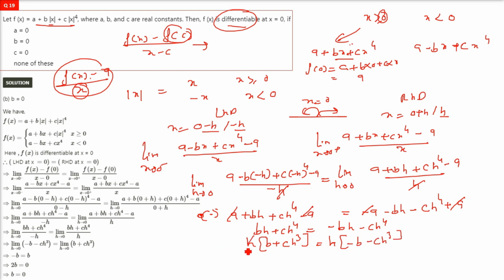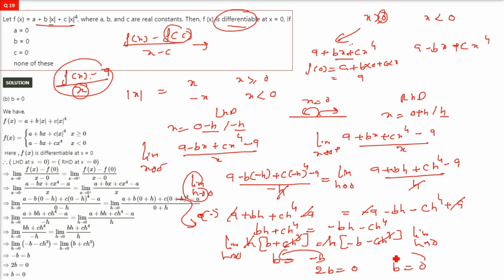This h gets cancelled. Now apply the limit. As I am saying, limit h tends to 0 is already there, so wherever h is there, that term you can cancel out. I'm applying limit h tends to 0 here as well. You are left with b here, you are left with negative b here. So b equals minus b, 2b equals 0, b is equal to 0. So this is your answer, b is equal to 0.